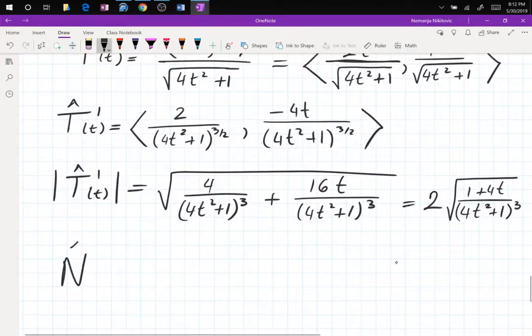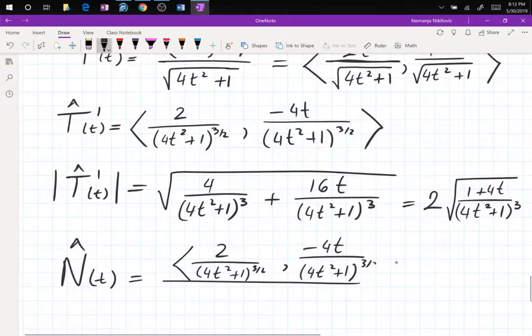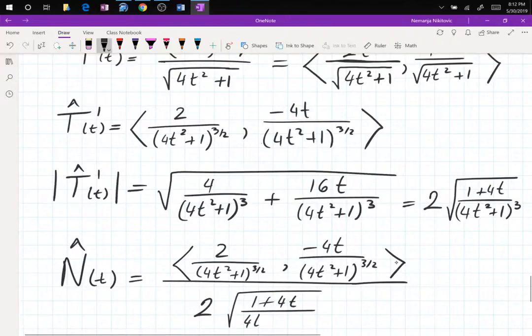Now the normal vector, the principal unit normal vector N hat of t, is when we divide these two. So we have our vector of 2 divided by 4t squared plus 1 to the 3/2, comma, negative 4t divided by 4t squared plus 1 raised to the 3/2, divided by 2 square root of 1 plus 4t divided by 4t squared plus 1, and that's cubed.